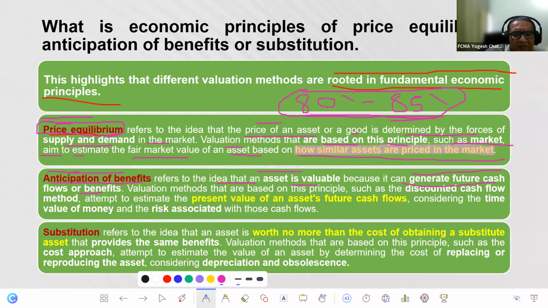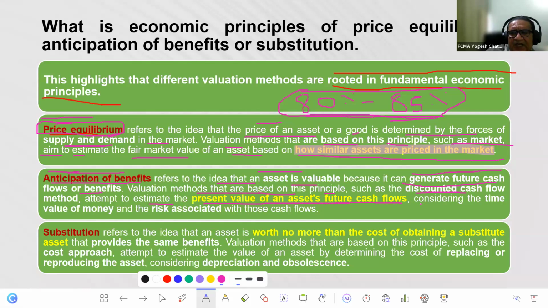A valuation method that is based on this principle is the discounted cash flow method. It attempts to estimate the present value of an asset's future cash flow, and that is how we convert the future cash flow to its present value.